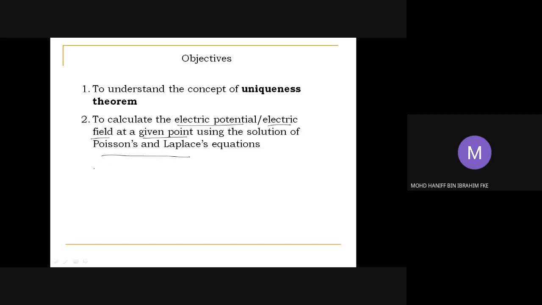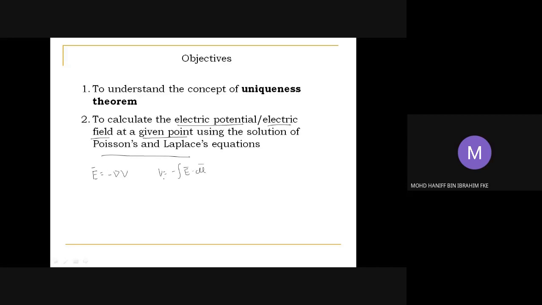Both parameters are interrelated from the equations: electric field E equals negative grad of V, or V equals negative integral of E dot dl.